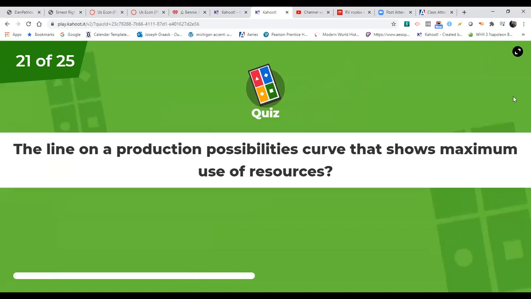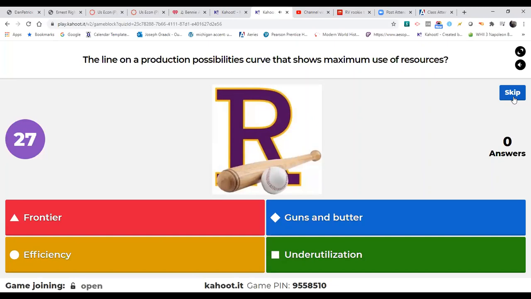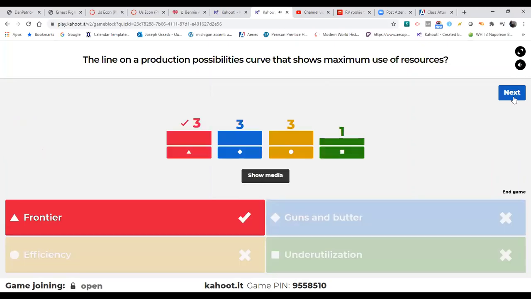The line on a production possibilities curve that shows maximum use of resources. Frontier, right? That's area 2. If you're looking at this, that's the curve right there.